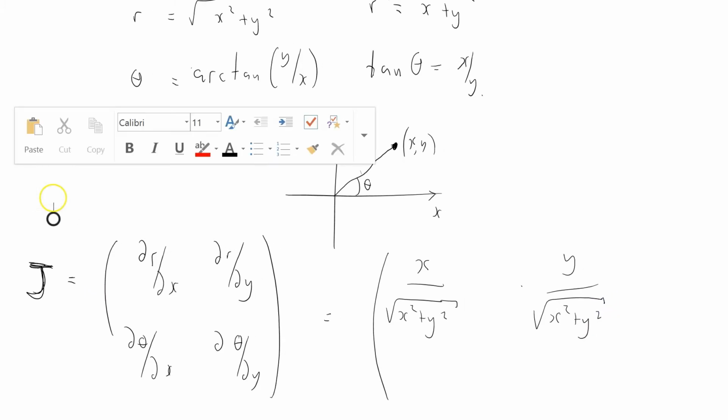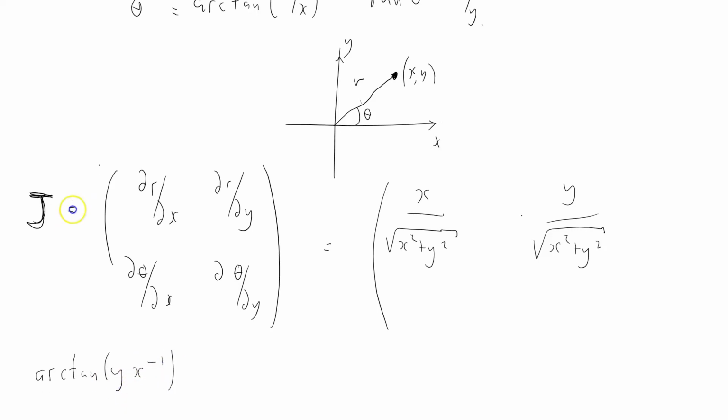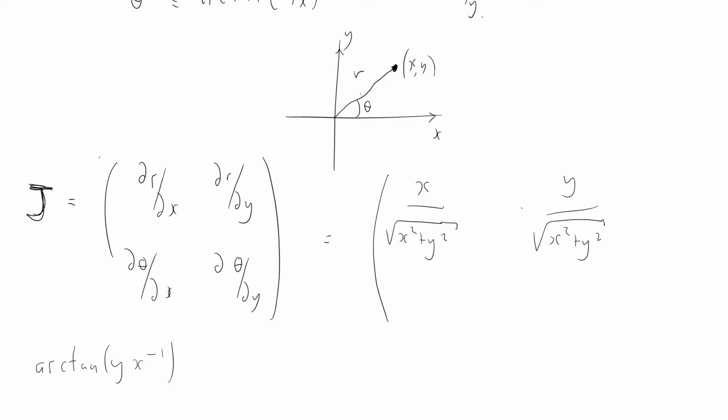Now what have we got? We've got partial theta by partial x. The derivative of arc tan is 1 over 1 plus x squared, and that's arc tan of y x to the minus 1. So when we differentiate with respect to x, we get minus y x to the minus 2 over 1 plus y over x all squared.